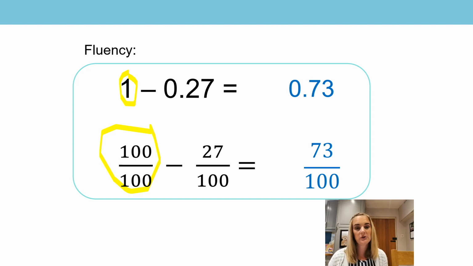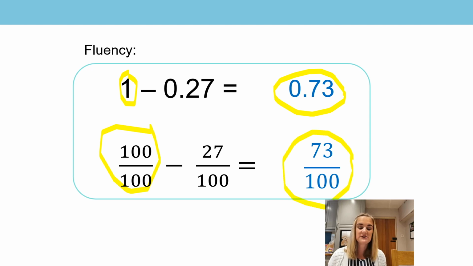And if we look at the difference, the 0.73, that's 7 tenths and 3 hundredths, or 73 hundredths, which in fractional notation is 73 over 100, 73 hundredths. So the values are identical, it's just the mathematical notation that's different. One's in decimal form and one's in fractional form.